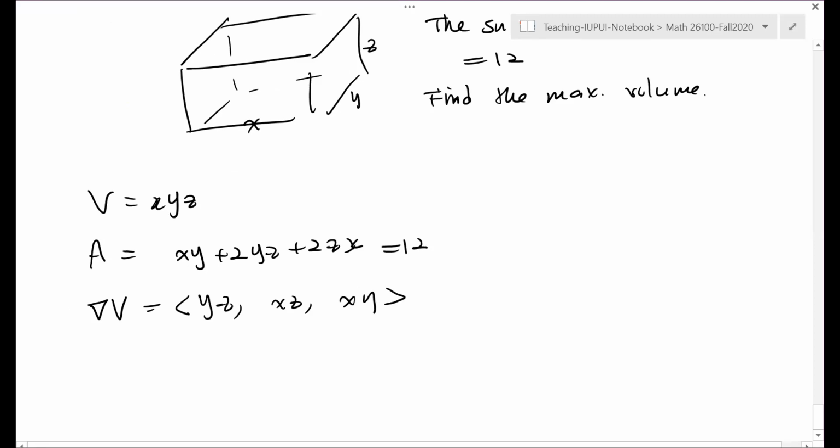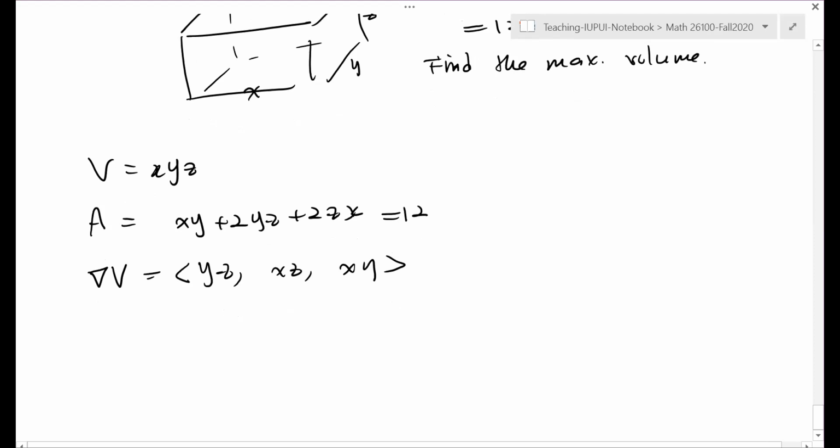Differentiate the function with respect to each variable. For the gradient of A, differentiating with respect to x, I get y plus 2z. With respect to y, I get x plus 2z. With respect to z, I get 2y plus 2x.